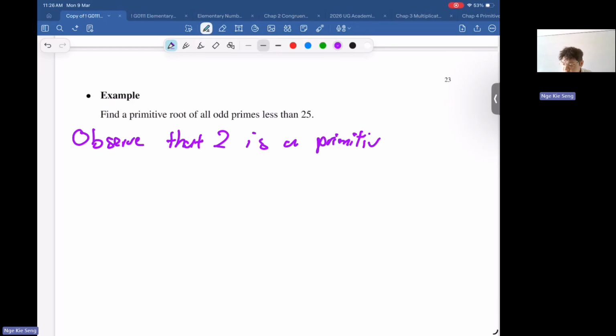After you do this exercise, try and see that 2 can be a primitive root for many primes. So you need to take the power up to p minus 1 so that 2 to the p minus 1 is 1.